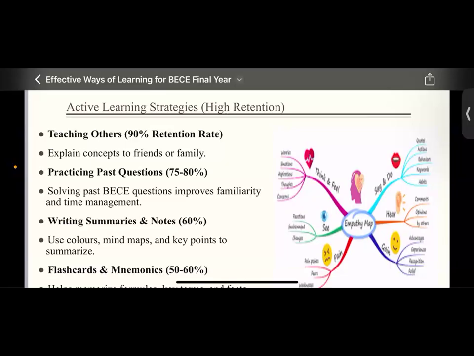Then you also need to learn to practice past questions. In practicing past questions, you have a 75 to 80% chance of retaining whatever you've learned. Practice past questions, solve past questions, BECE questions, and improve familiarity and time management.